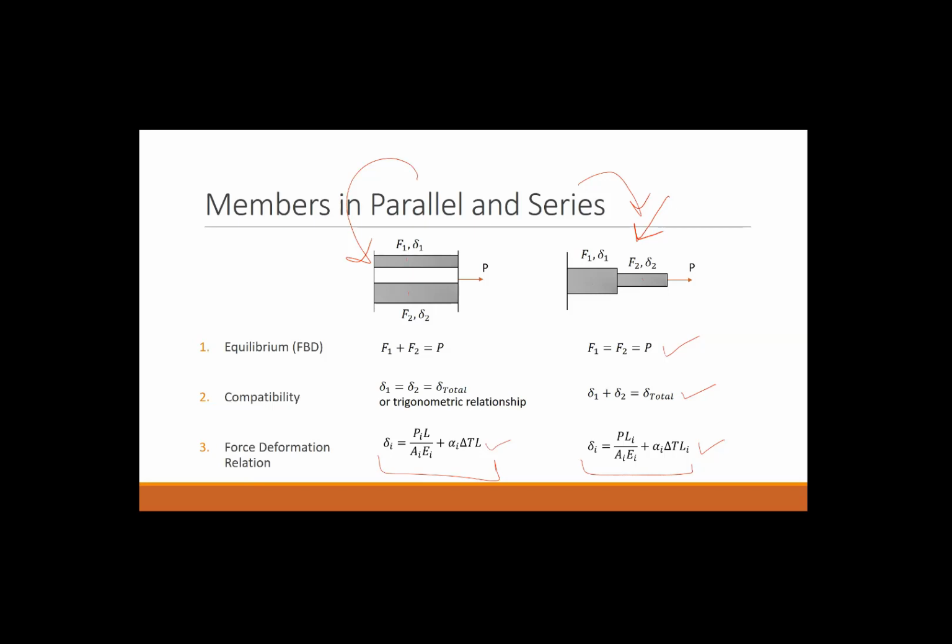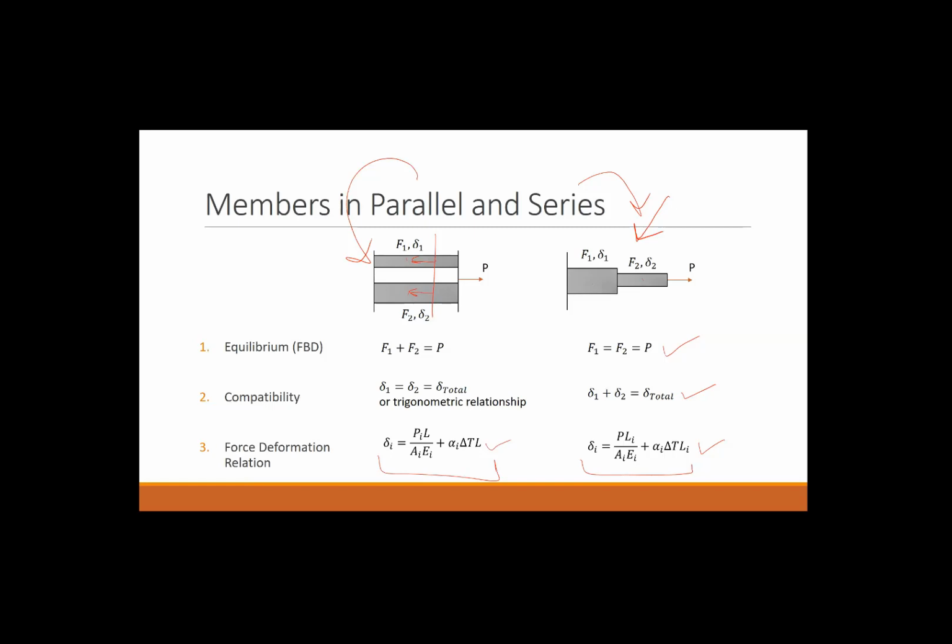But now when we're dealing with parallel, the thing that's a little bit different is that the force is no longer equal in the two, but instead it has to add up to the total. So if you were to take a section cut, you would have two different forces which have to add up to P. In certain cases, they will be equal.